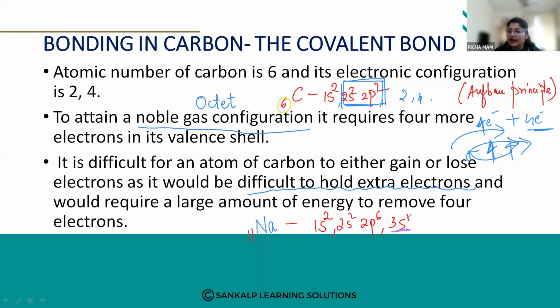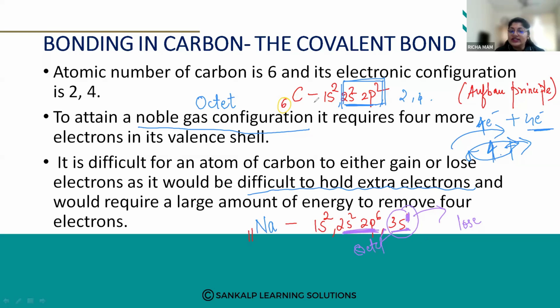It has 1. Next to 1, there are 8 electrons. So sodium will tend to lose this 1 electron, to attain the noble gas configuration, to complete its octet.